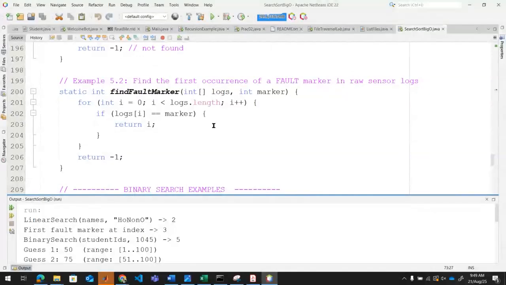So we want to be able to see if we can detect what the errors are within that data that we are getting. So here is an example of that, which runs through our loop in terms of our data set array and picks out when a specific log is equal to the marker and returns the index of what that log is.